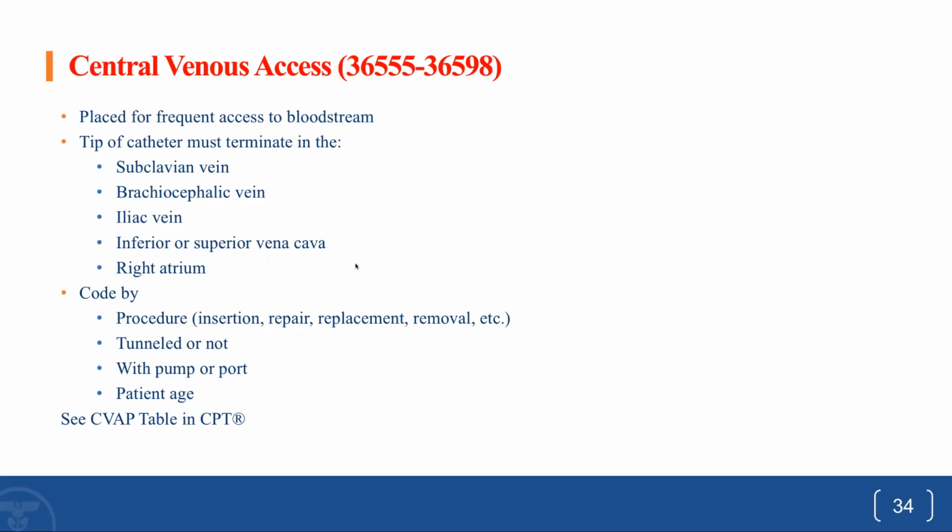And so on page 234, under CPT code 36215, I want you to highlight first order. 36216, I want you to put second on the outside.